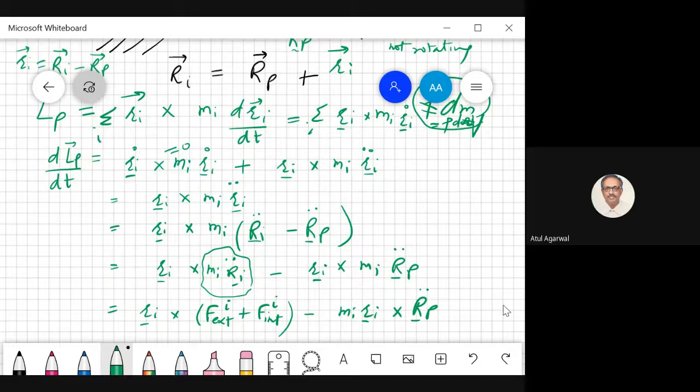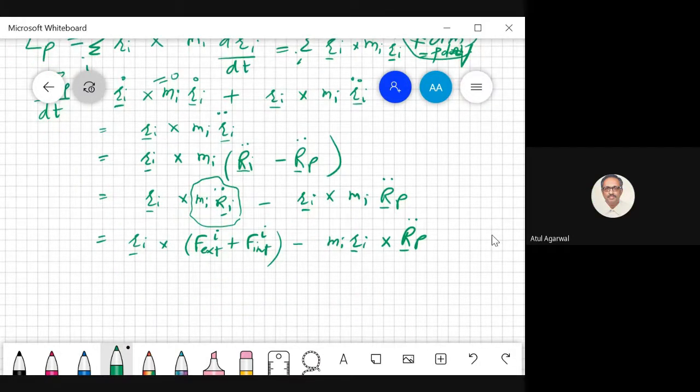Because Newton's second law says net force on a particle is equal to mass into its acceleration, and acceleration we are measuring from the inertial frame. So Newton's law is all right in this form. Net force is equal to mass into acceleration.